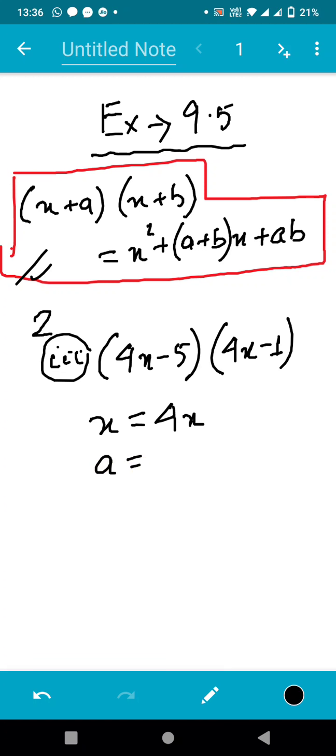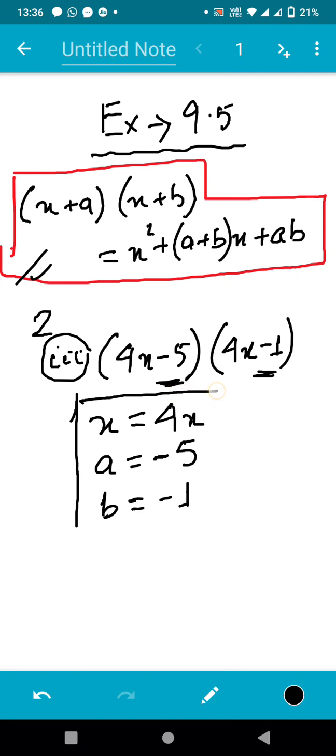Be careful when you're using this identity, you have to consider the sign also. If a is negative, you have to write minus 5. And b is also negative, so b is minus 1. You have to write the value along with the sign. So these are the values given.